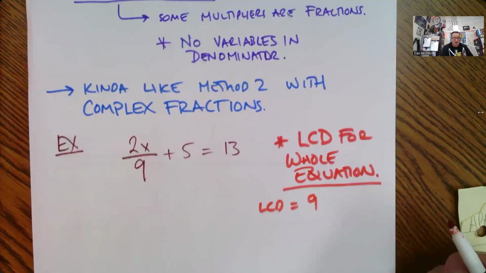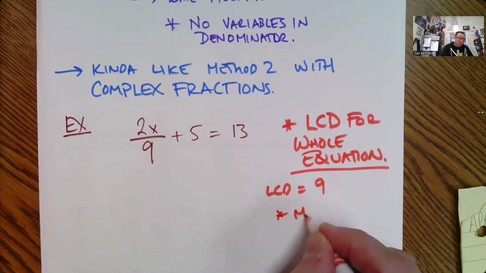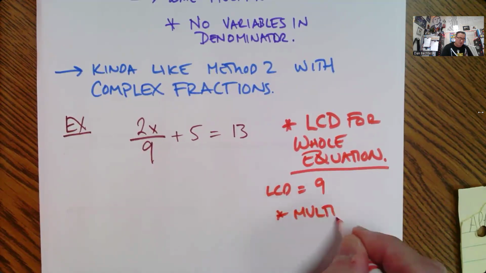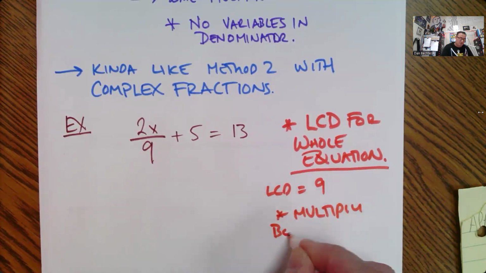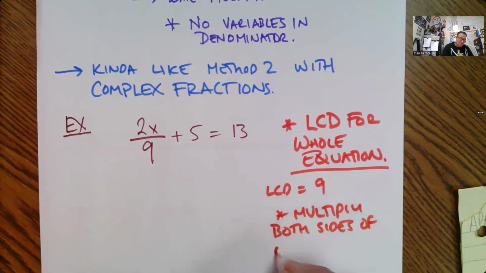It's 9. Second thing that you do after that is multiply both sides of the equation by 9.